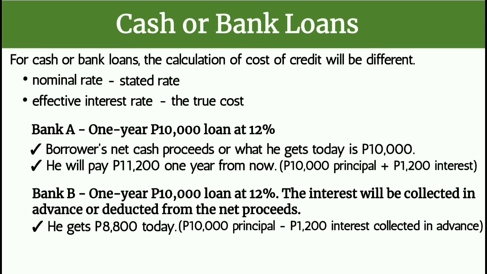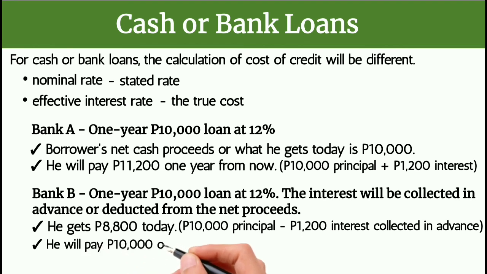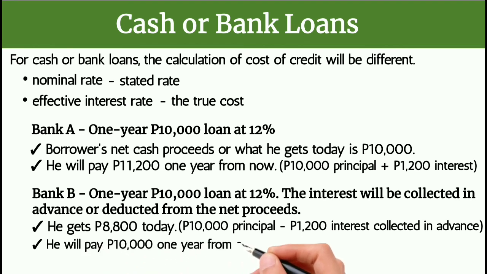And that is equal to 1,200 pesos. 10,000 pesos minus 1,200 pesos, that is equal to 8,800 pesos. And since kinolect na yung 1,200 pesos in advance, he will pay 10,000 pesos 1 year from now.